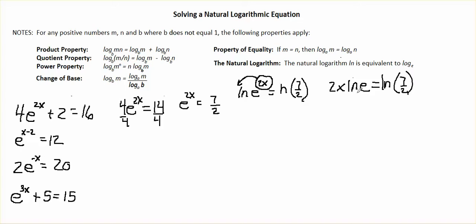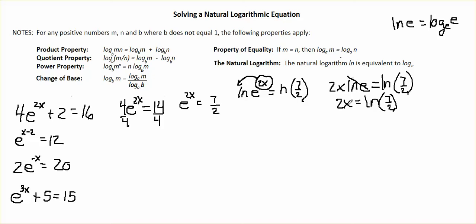I want you to notice here, ln of e equals log base e of e. And let's ask ourselves, what power do we raise e to get e? We raise it to the first power. So this actually equals 1. So ln of e basically goes away. So let's go ahead and set 2x equal to the natural log of 7/2.